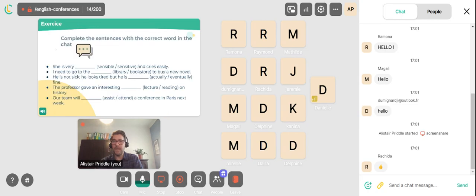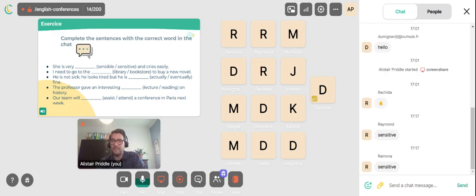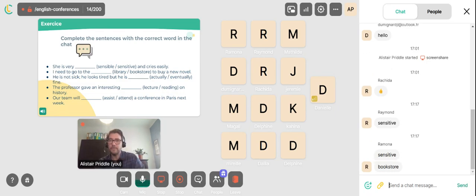Well, we've got an exercise for you to participate in. Complete the sentences with the correct word in the chat. So this is a chat exercise. Now, the first sentence is: she is very either sensible or sensitive and cries easily. I need to go to the library or bookstore to buy a new novel.